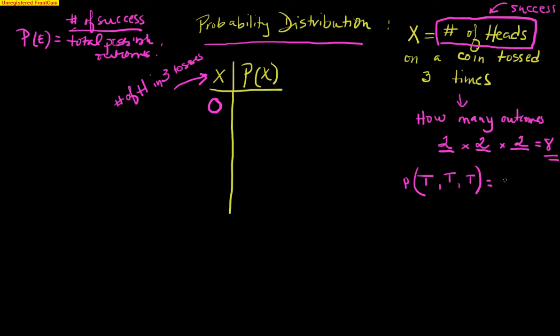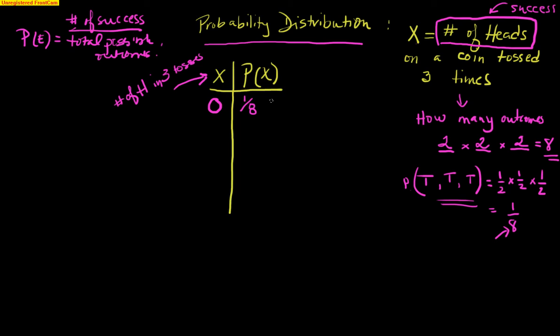The probability that the first one is a tail is 1/2, times the probability that the second one is a tail, also 1/2, times the probability that the third one is, and so on. We're going to get 1/8, which is just what we expected because we knew there were 8 possible outcomes, one of which is these 3 tails. So I'm going to write that up here. The probability of 0 heads is 1/8.